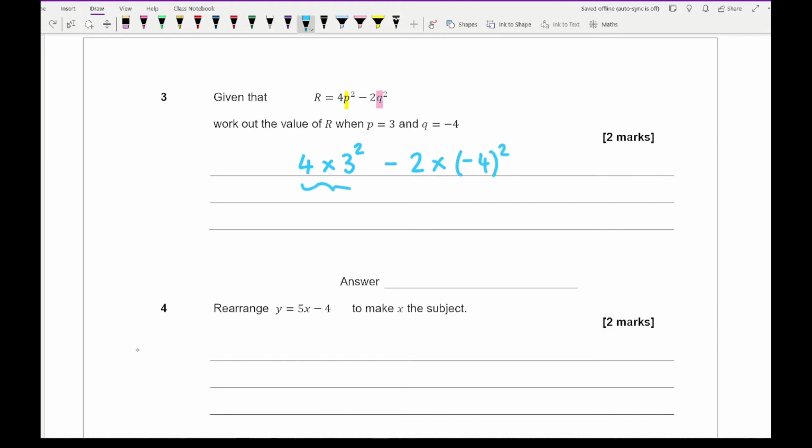So working this out first, we've got 4 times 9, which is going to be 36. And then here we've got 2, so this is going to be 16, positive 16. So it's going to be minus 2 times 16, which is 32. So then working out 36 take away 32, which just gives us an answer of 4.